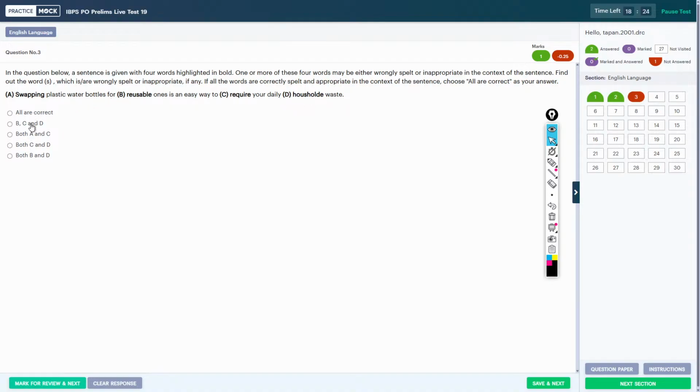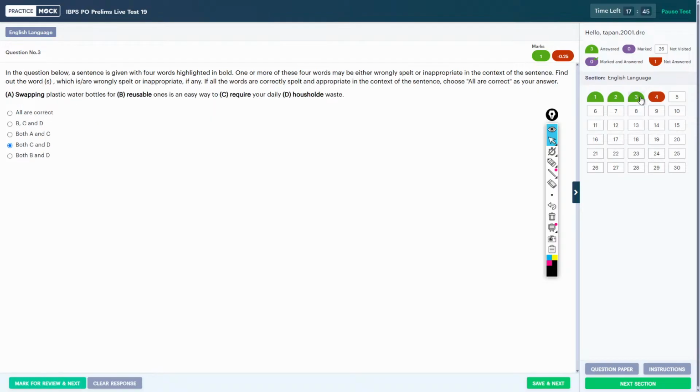Reduce, C, with swiping, okay. Incorrect, right? If all the words are okay, all are correct. So there is no only C. I'll still go with C and D then.